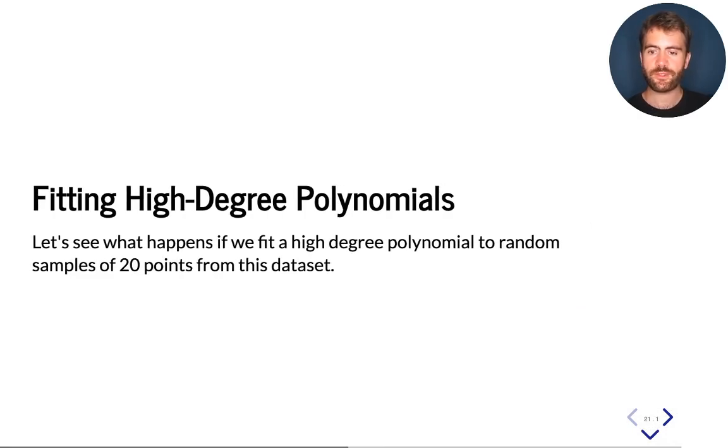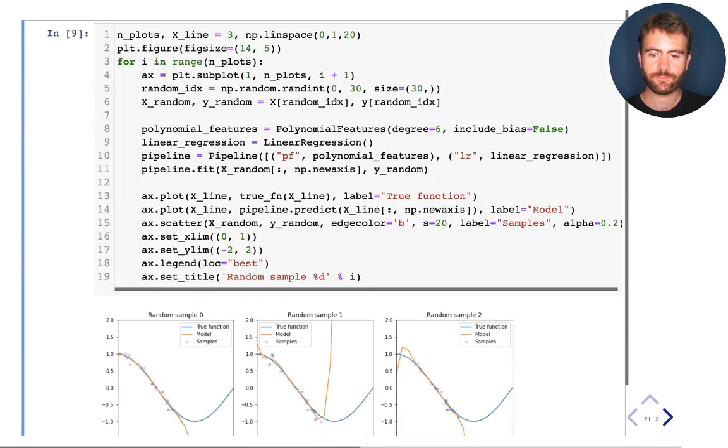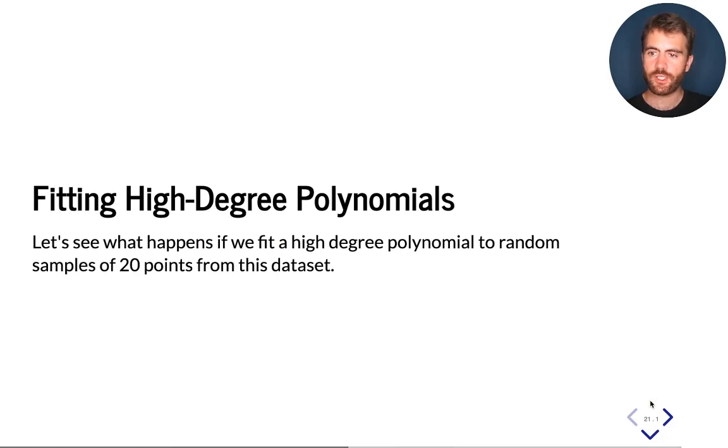So let's see what happens if we fit a really high degree polynomial to this data set. Actually, I'm going to slightly change the setup that we had in our earlier example. Instead of just fitting a high degree polynomial on the entire data set, I'm going to take random samples of 20 points.